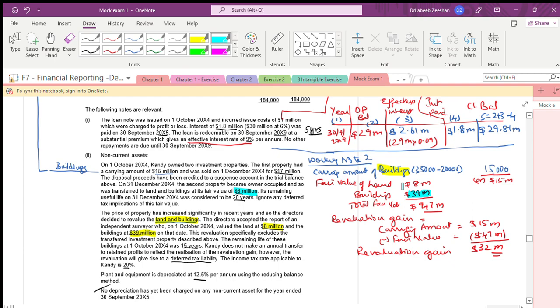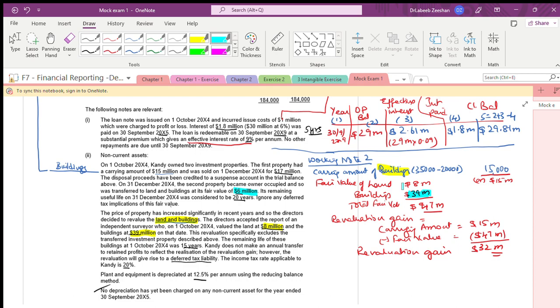On this 6 million we have to calculate depreciation. It is for 20 years. What is the remaining number of years of this second property, where is that, the building?